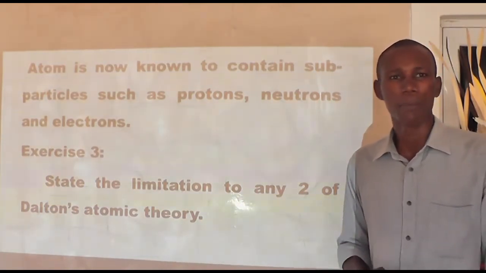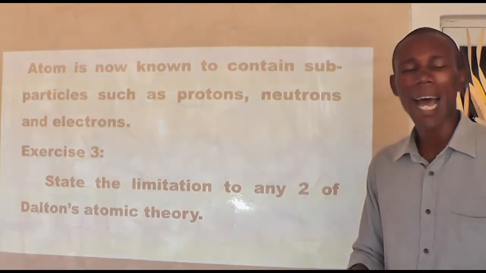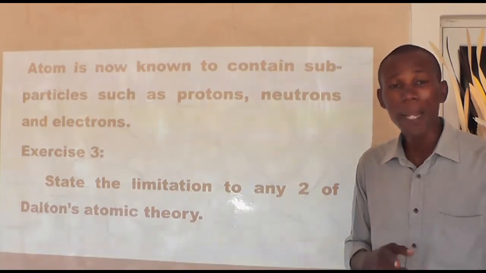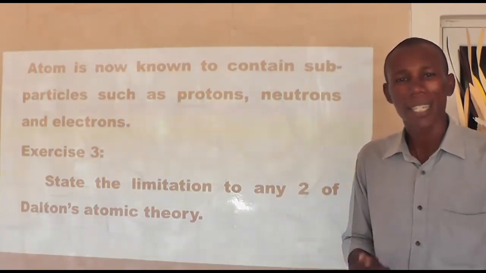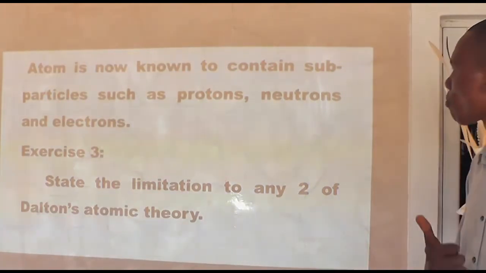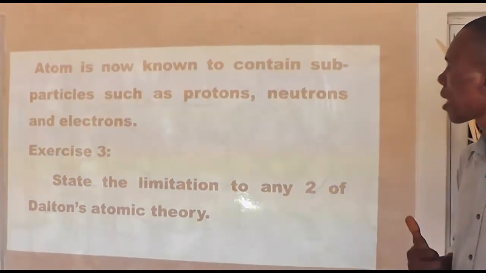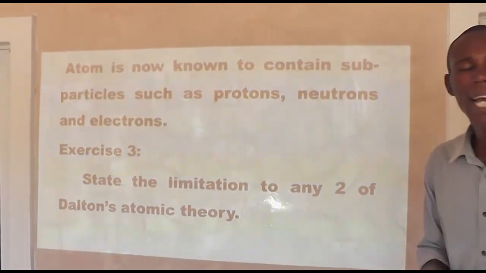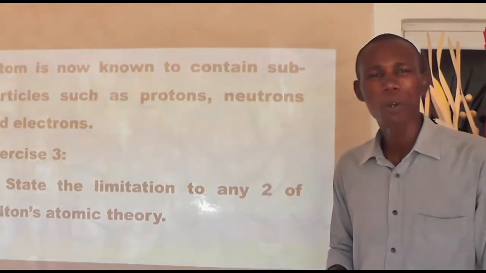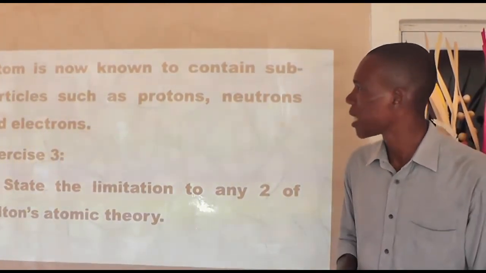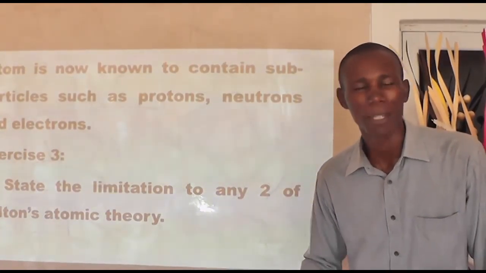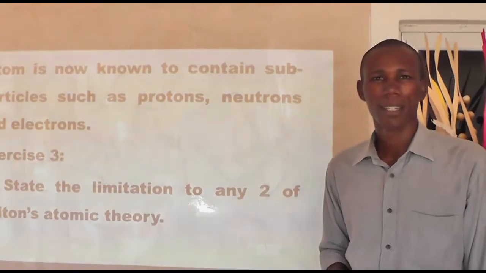Therefore, when we define the mother, we will not define her as the smallest existence, but the triplets or the twins will now be the smallest. Therefore, atom is known to consist of protons, neutrons, and electrons. So an atom is no longer the smallest indivisible particle of an element, but an indivisible particle of an element.